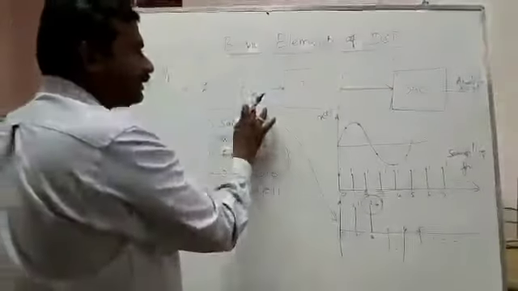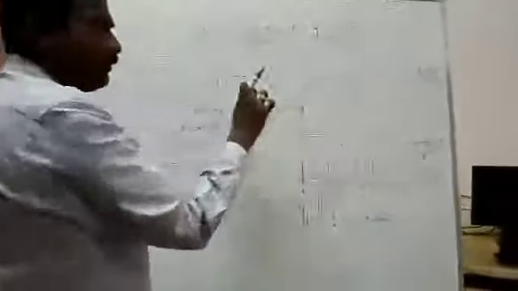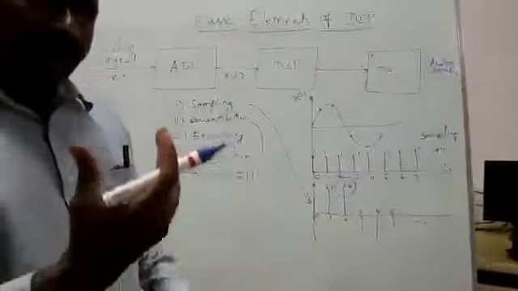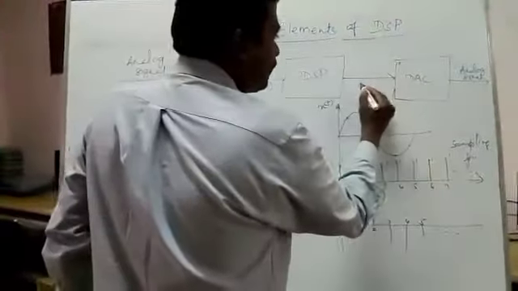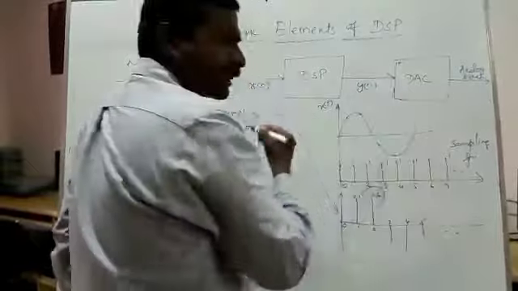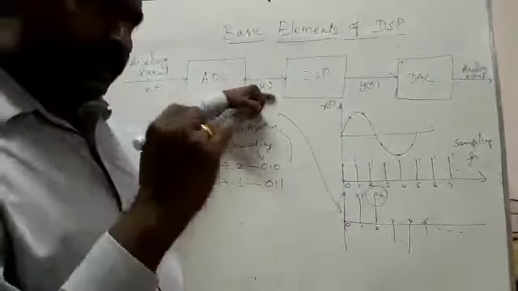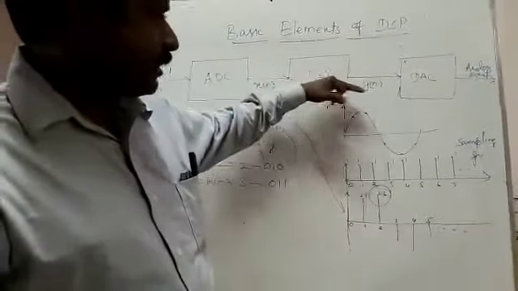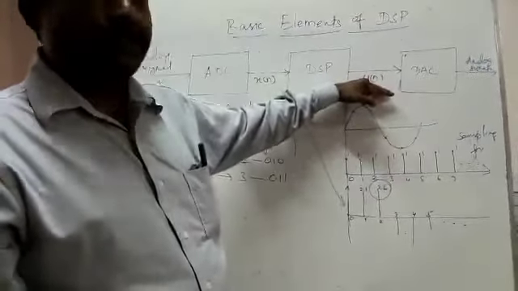Now this digital signal can be applied to a digital signal processor, where the DSP will perform all the processes we have discussed in the morning class. Then the processor output is given as a digital signal denoted as Y of n. Input is X of n, digital. The output of DSP is also digital. Since it is output, it is denoted as Y of n.